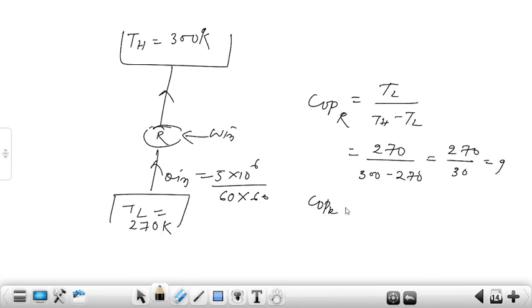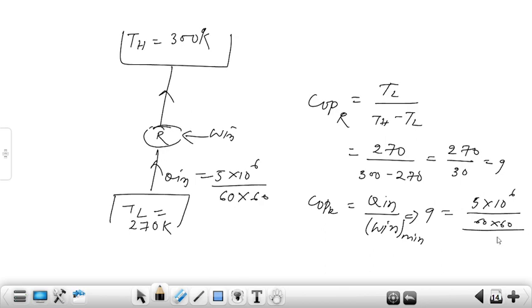So COP of the refrigerator is equal to Q in, the refrigeration effect, divided by W in. We know that for the reversible COP of the refrigerator, for obtaining maximum work, W in is equal to the minimum power, and COP is given as 9 and Q in is equal to 5 into 10 to the power 6 divided by 60 into 60, divided by W in.